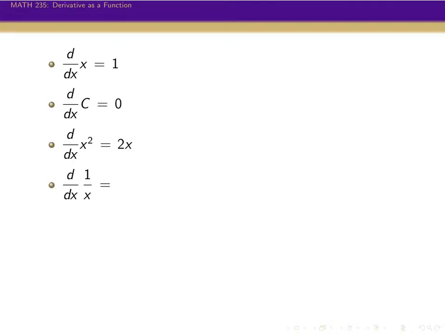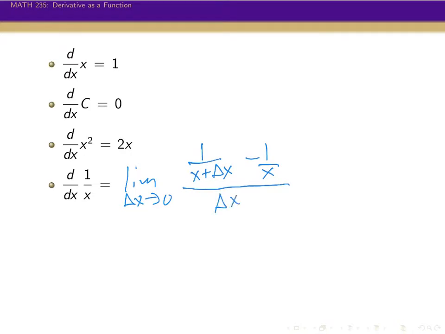If we wanted to take the derivative of 1 over x, let's use delta x this time. So this would be 1 over x plus delta x, minus 1 over x, all over delta x.